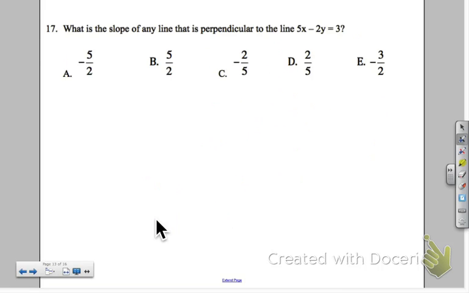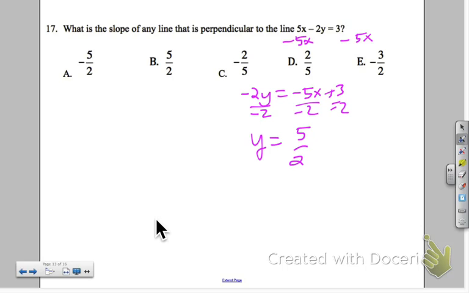Alright, so this is the same but different from the one we just did. So I'm going to minus the 5x. Minus the 5x on both sides gives me negative 2y equals negative 5x plus 3, divided by negative 2. And that gives me y equals 5 over 2 x minus 3 over 2.